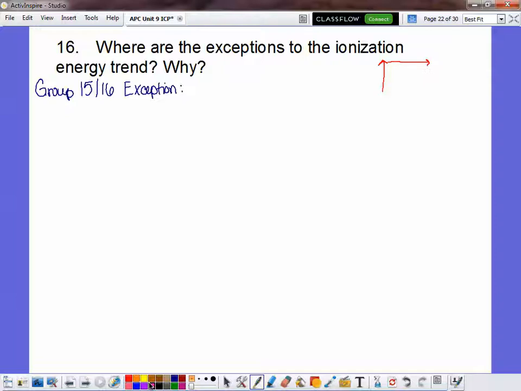Nitrogen's valence orbital diagram is 2s with 2 electrons and then 2p with 3 electrons, 1, 1, 1. And oxygen is the same but with 1 more electron.